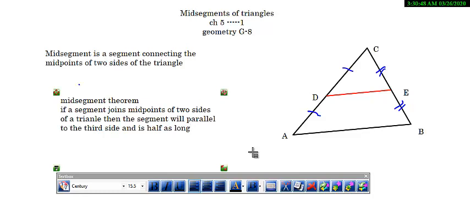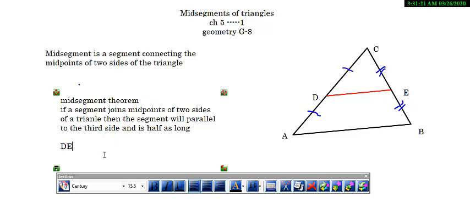What does it mean? It means that the segment DE will be parallel to the third side, which is AB, and equals half of its length.